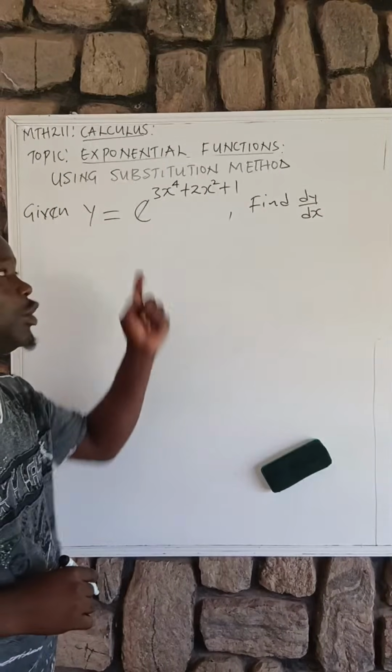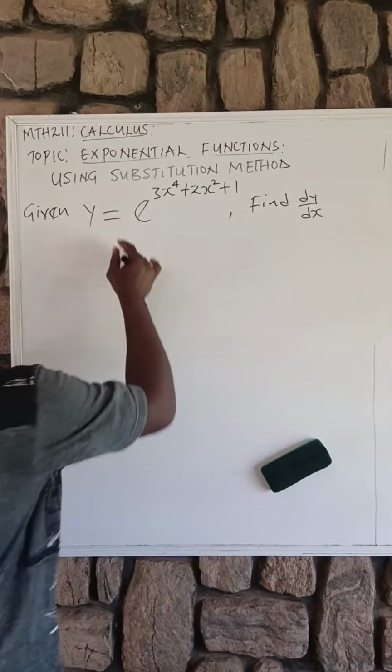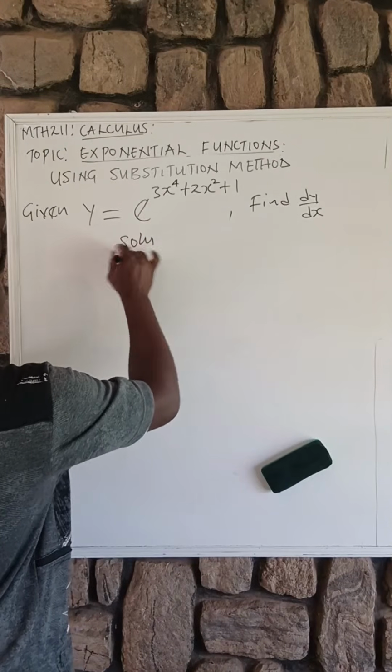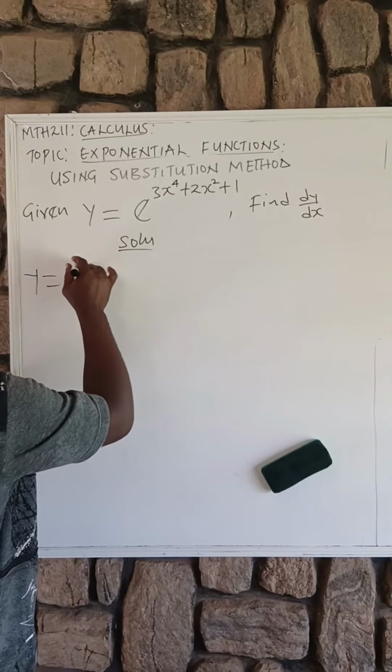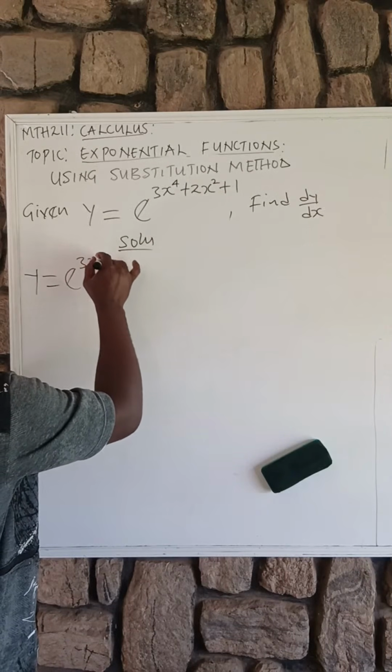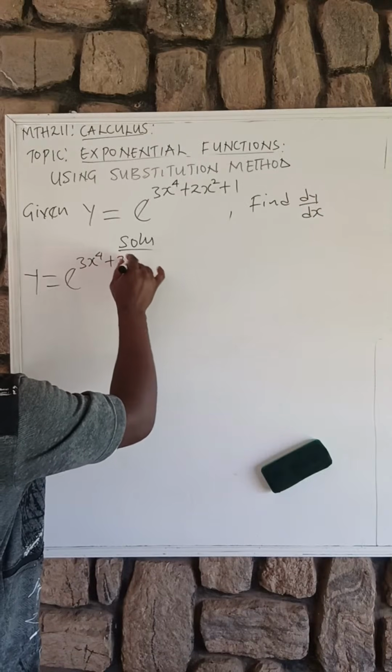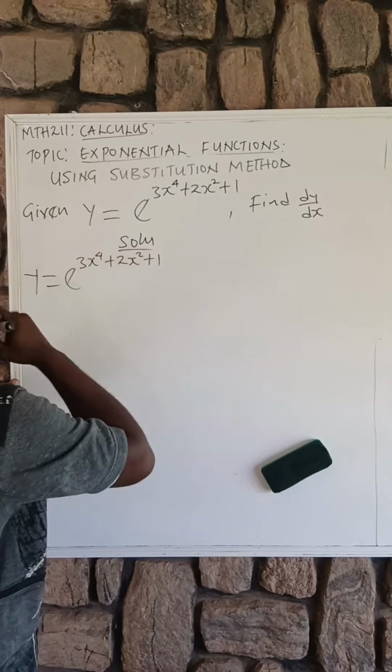They said we should use substitution. So let's write the solution. y is equal to exponential of 3x raised to power 4 plus 2x squared plus 1.